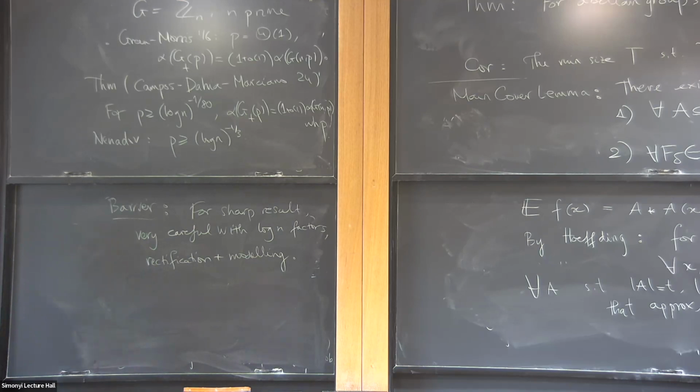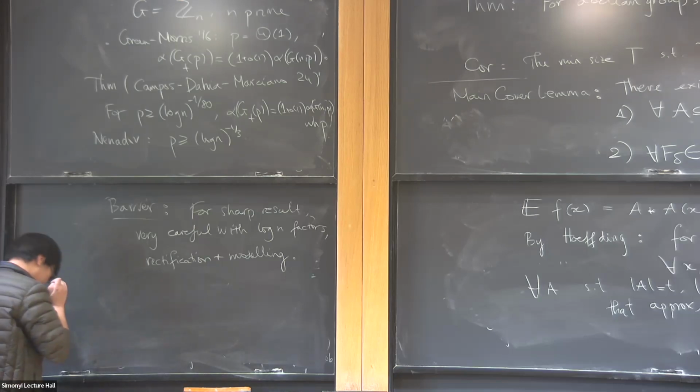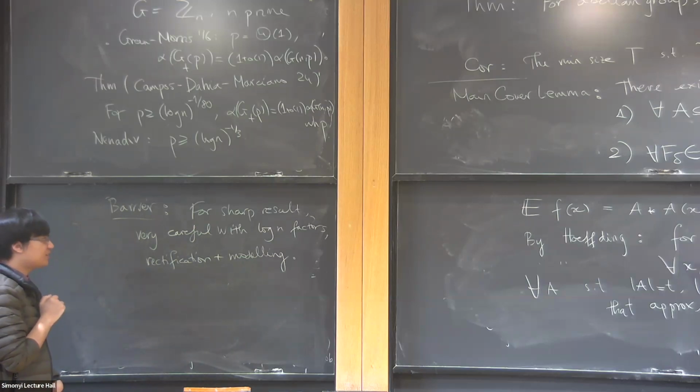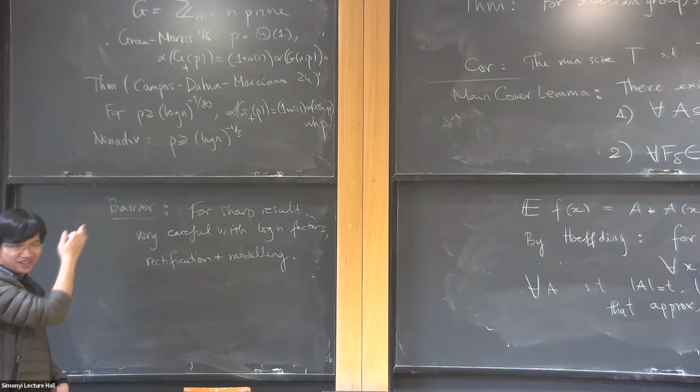It's much easier to tell us what happens if you just want a constant factor. That is true. But there's some aesthetics in getting this sharp asymptotic in the random Cayley graph and additive setting.